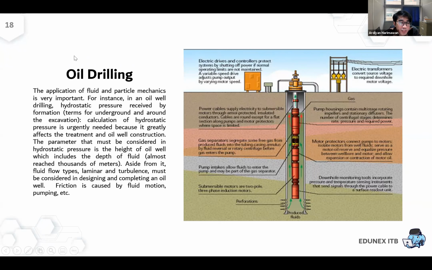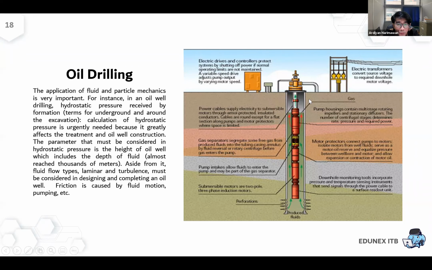When you process oil, it starts with drilling, right? Oil is available underground, or maybe at sea, which we call offshore. And oil is available in very unique conditions. Sometimes it is mostly oil, sometimes it mixes with water, or with solid particles. The characteristic is different between those types of oil.